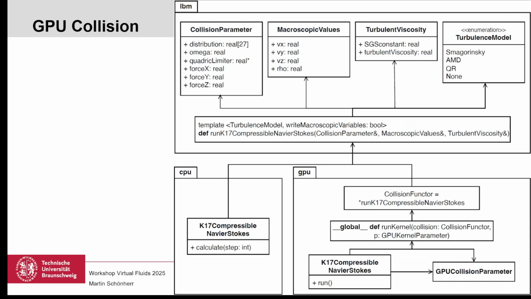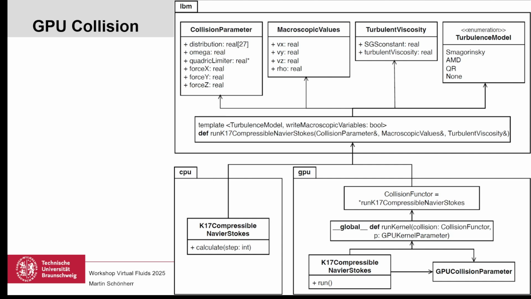Okay, so here we have an example of the unification. For several decades, so to speak, we had the same cumulant kernel for CPU and GPU, and then Sören implemented this LVM module where we have one kernel for both of them.